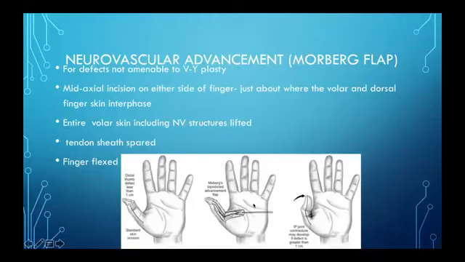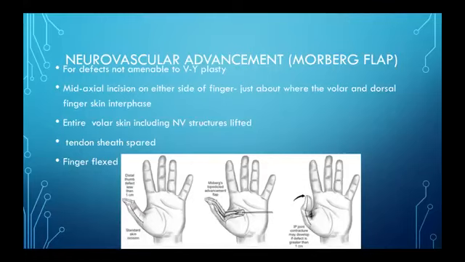If you understand very well the anatomy of the finger, the neurovascular structures actually run along the finger border where the volar skin interfaces with the dorsal skin. And so you can release that with its blood supply and use it to cover large defects, especially on the fingertip.